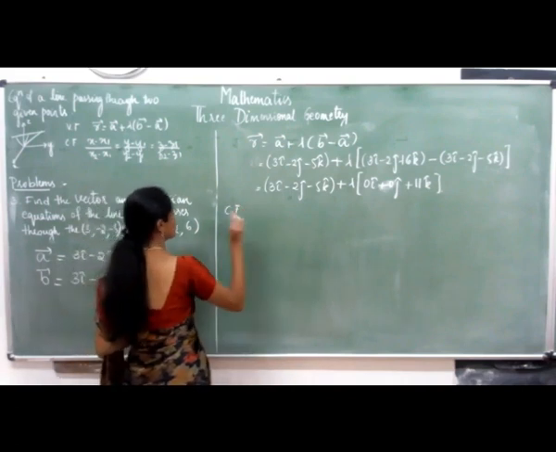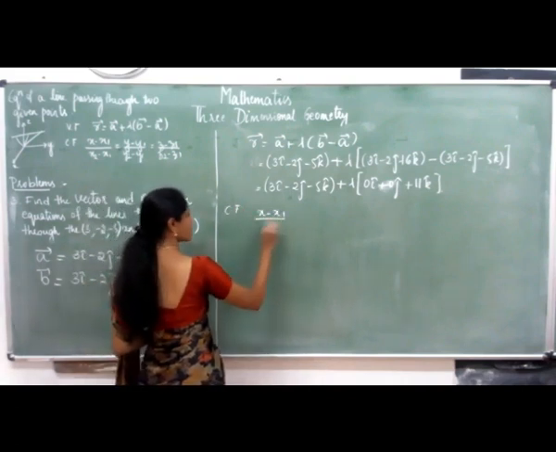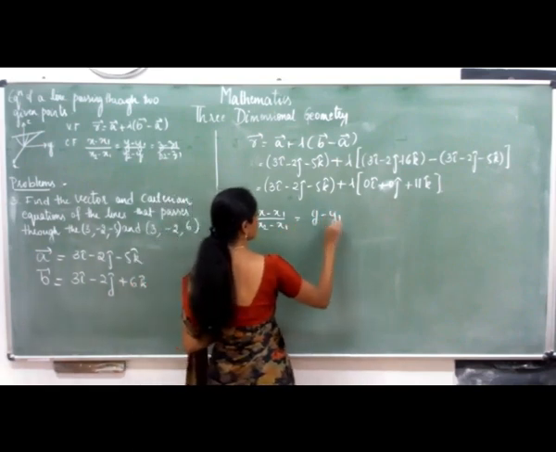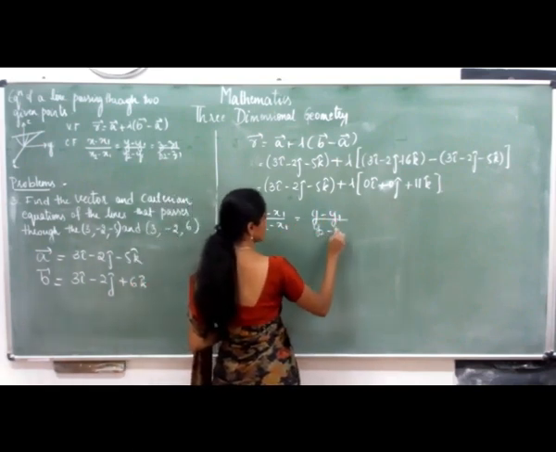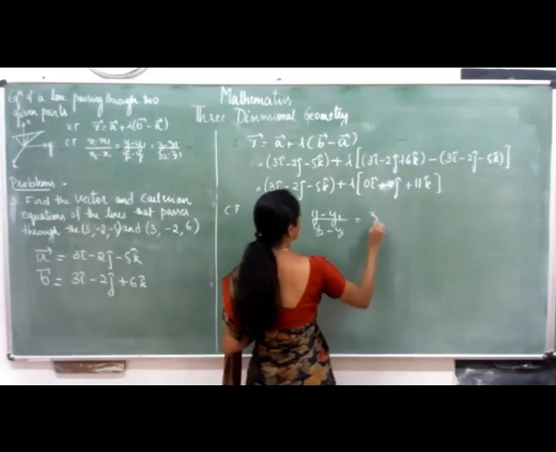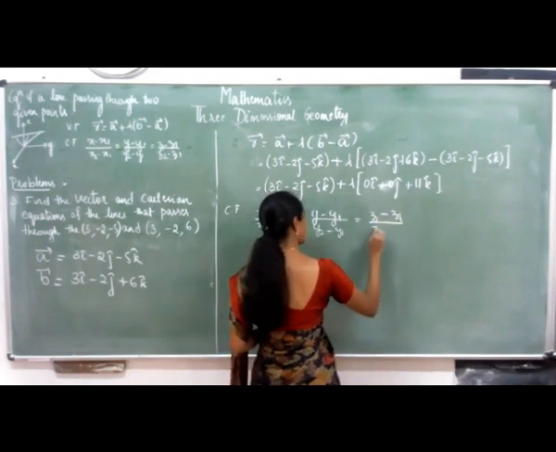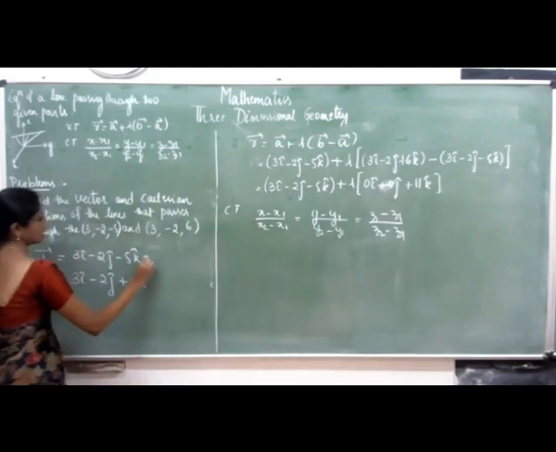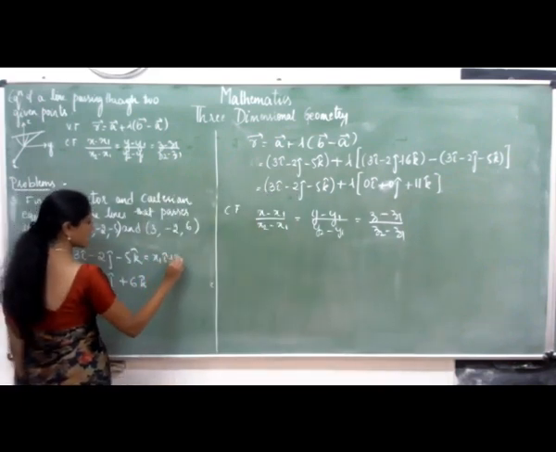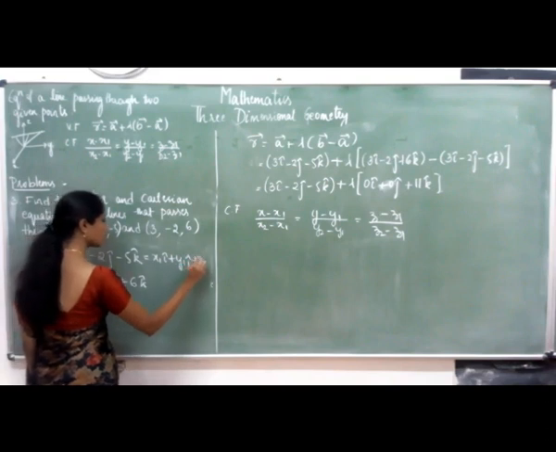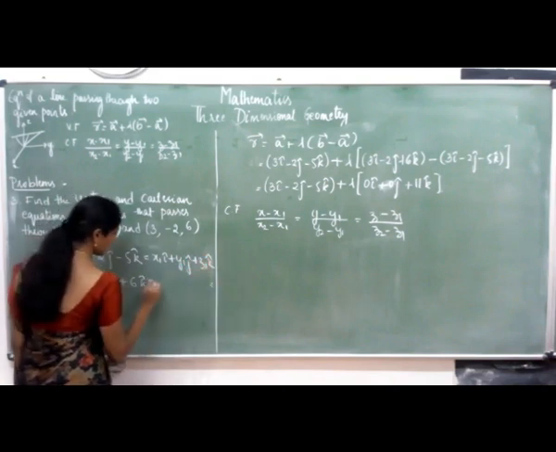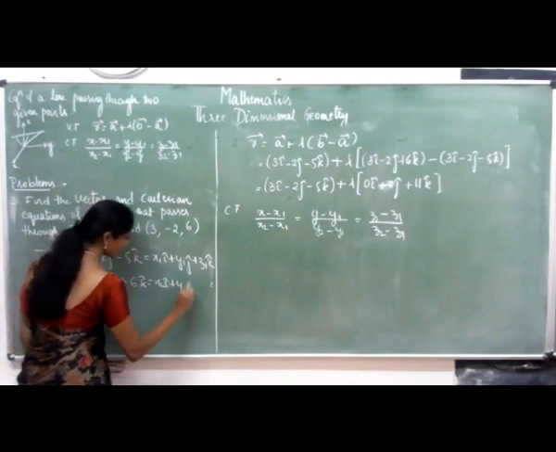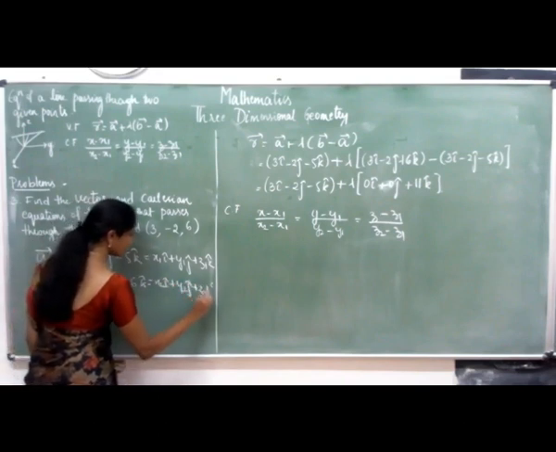Next, the Cartesian form, which is given by (x minus x1) by (x2 minus x1), which is equal to (y minus y1) by (y2 minus y1), which is equal to (z minus z1) by (z2 minus z1). So here, vector A is nothing but x1 i cap plus y1 j cap plus z1 k cap, and vector B is x2 i cap plus y2 j cap plus z2 k cap.